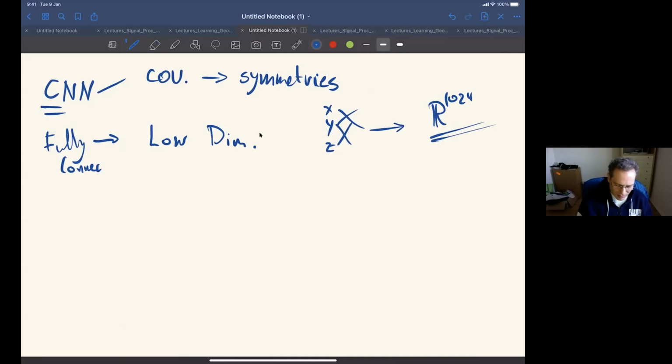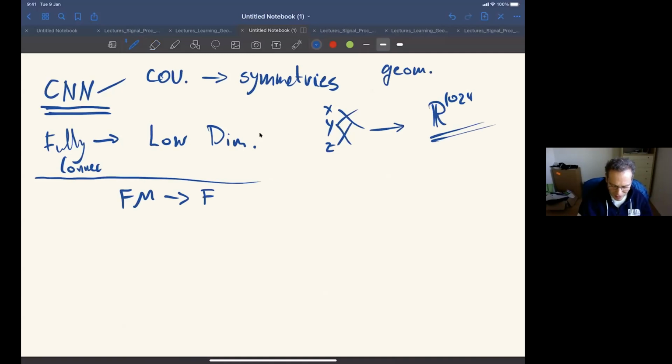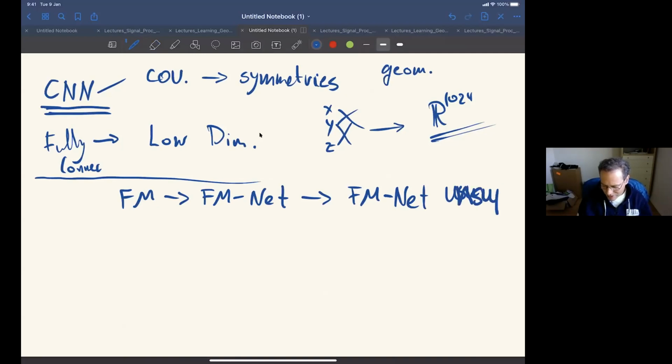So there are 2 examples of this methodology of how to translate geometric problems where there is no CNN in the game into a neural network. The first one was: first take functional maps, then what Litani did is introduce the functional map net. And what Halimi did is do the functional map net in an unsupervised fashion.